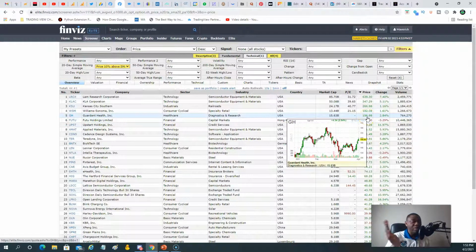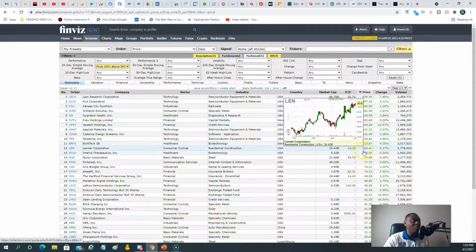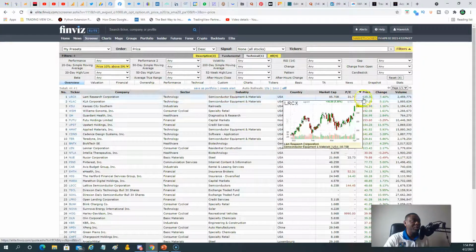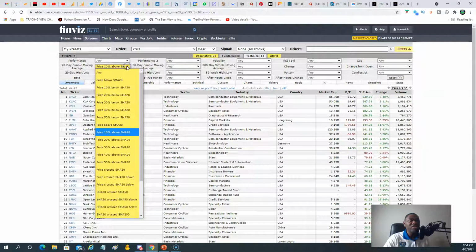We guarantee that enough people are trading those options as well. So in that case on here, you could just say, okay, fine, if I filter by price on here, maybe I'm going to focus on this. But you have an idea on here of these stocks that are all trading 10% or higher above the simple moving average, meaning that the overall trend recently has been bullish.